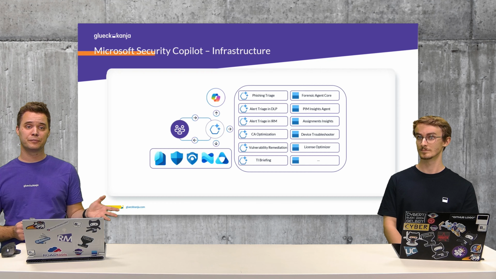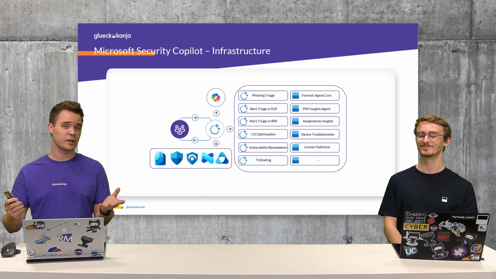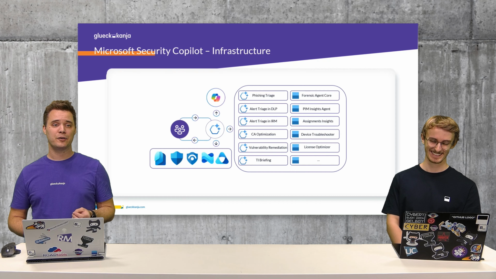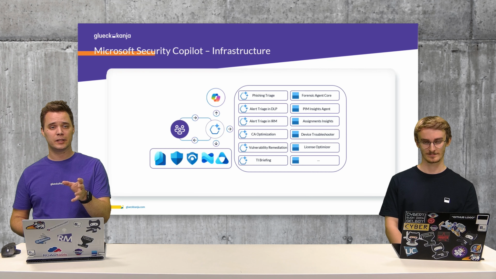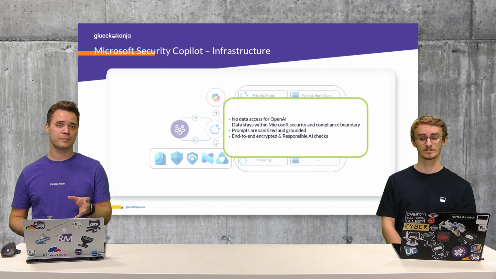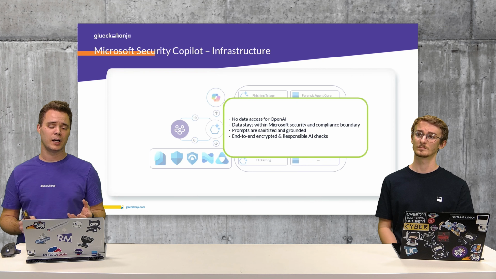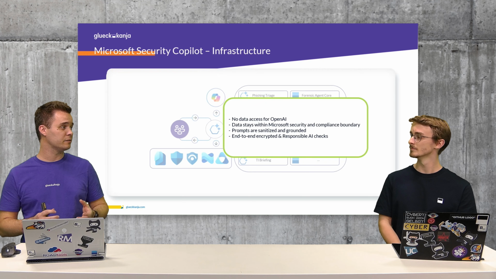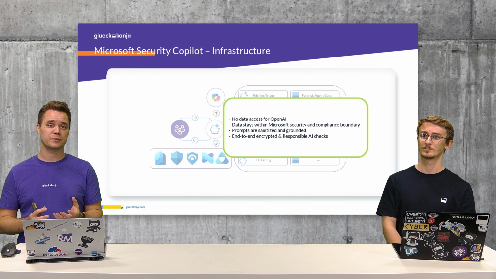Christof made a beautiful infrastructure overview about Security Copilot, so I stole it. I don't want to go too deep into this slide, but I want to mention some points from a security perspective. Because especially in Germany, it's a very important part, but also for the rest of the customers around the world.